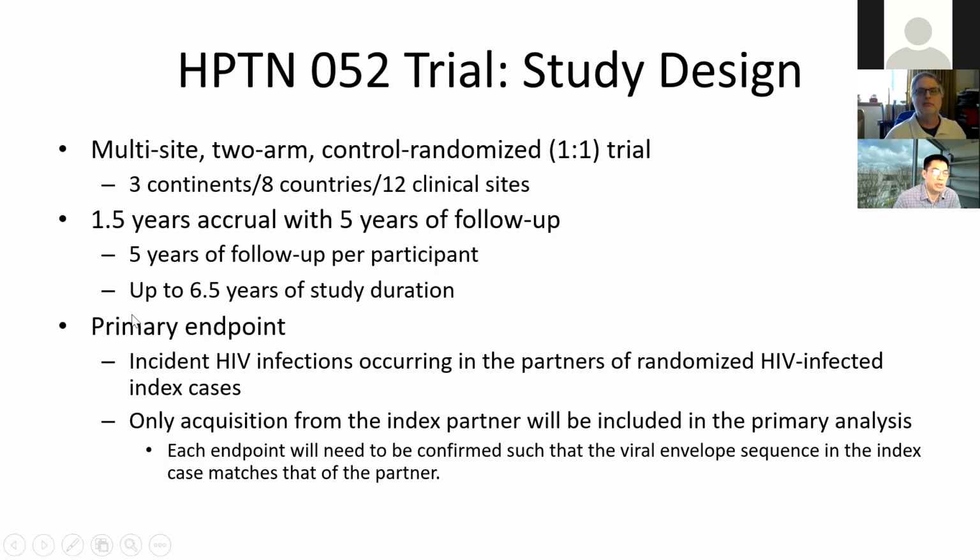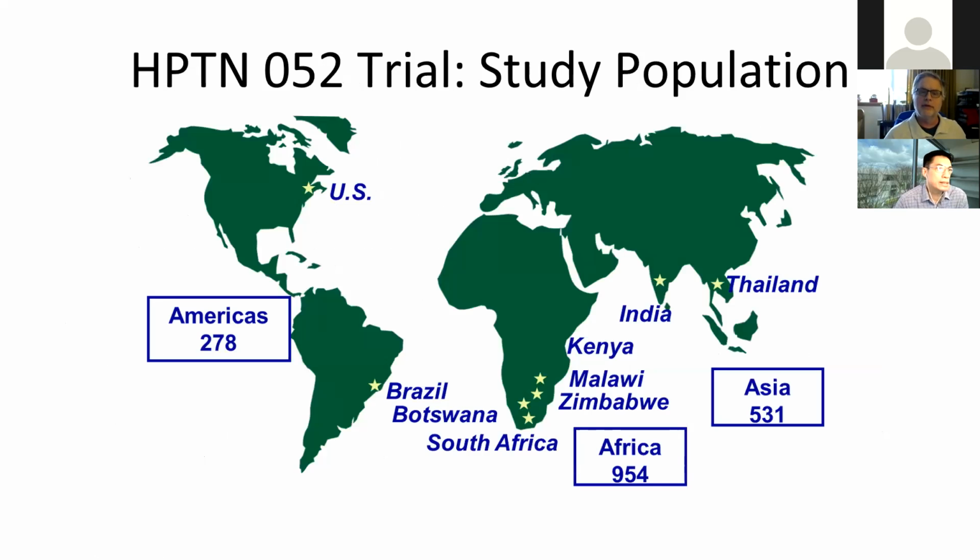So we want to make sure that if an infection happened, we can confirm that infection is actually linked between the HIV positive partner and the negative partner who later became seropositive.